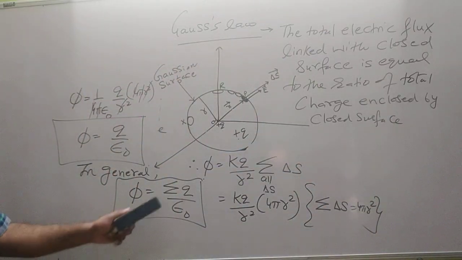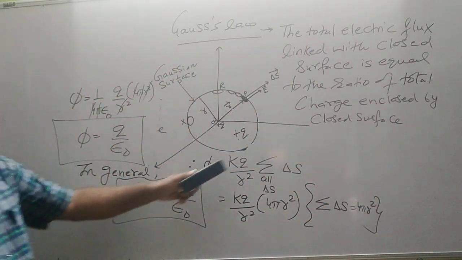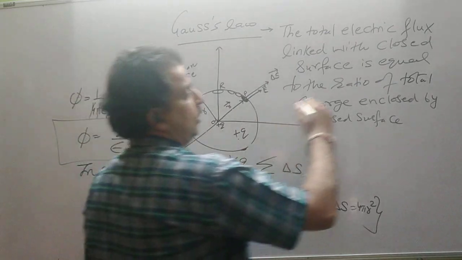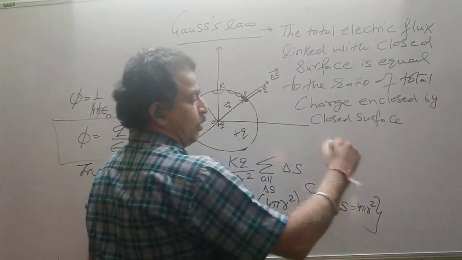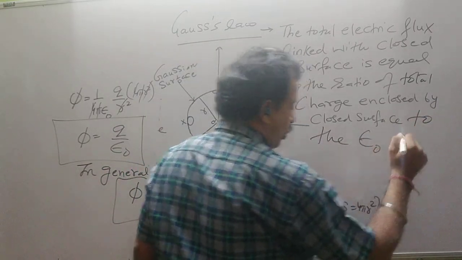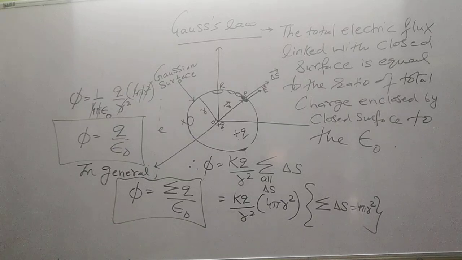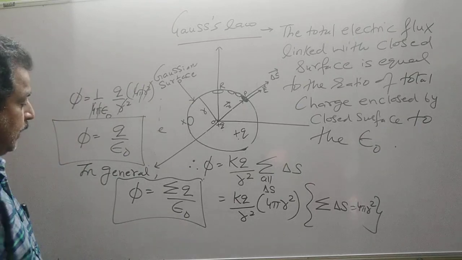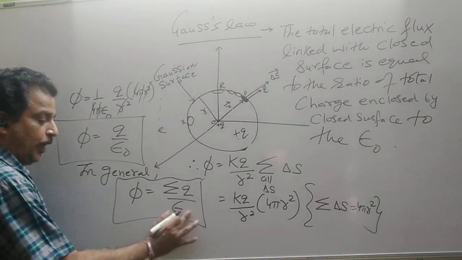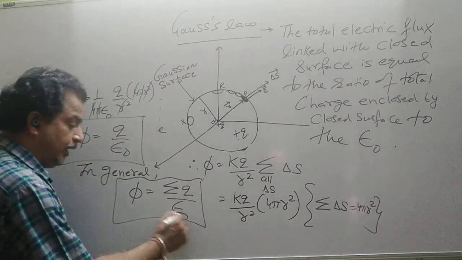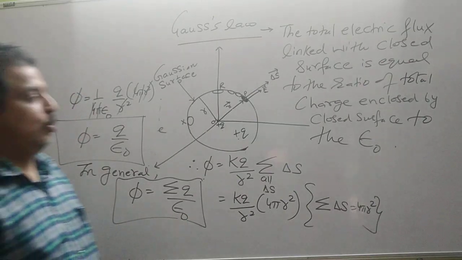You have to remember, you have to take the summation of q which are enclosed, inside the surface. If the medium is changed, say the medium is kerosene or water, then instead of epsilon naught you have to write epsilon, which becomes the permittivity of that medium. So this is the Gauss law.